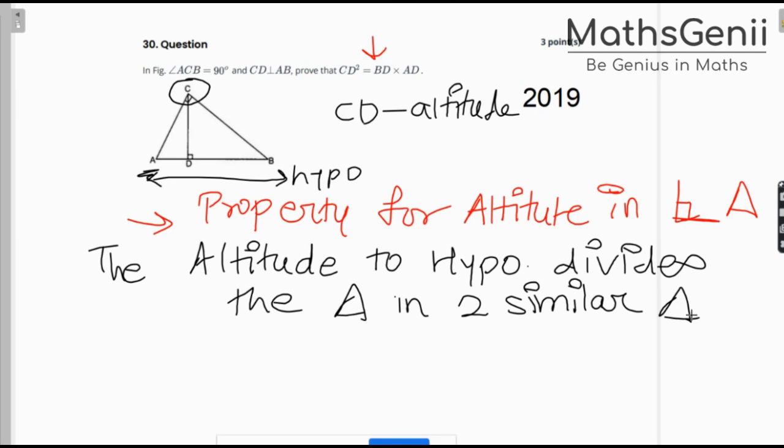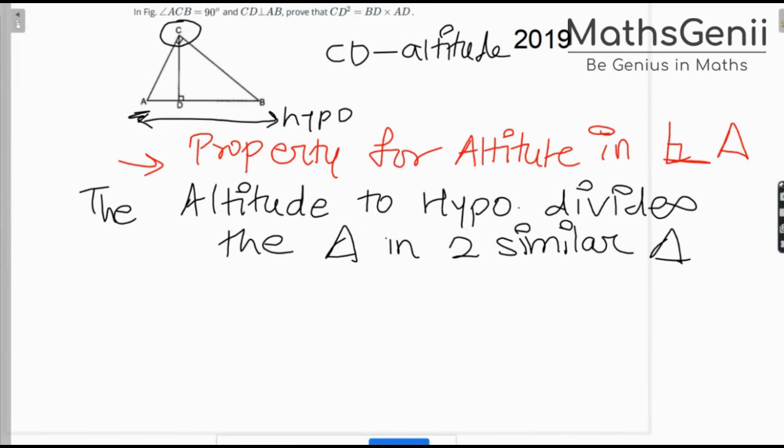This property you will use when you see something like this, an altitude, and it is falling on hypotenuse. So hypotenuse is side opposite to 90 degree. In this question, this was hypotenuse. So you have altitude, you have hypotenuse, which means you can say that two triangles are similar. Which two triangles are similar?